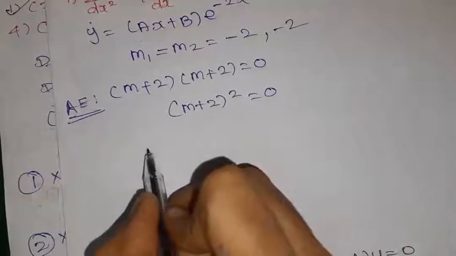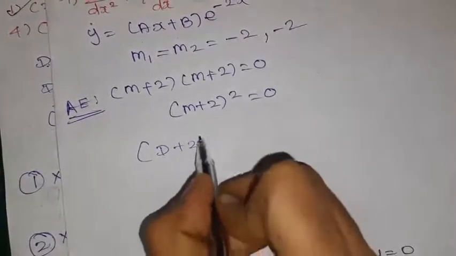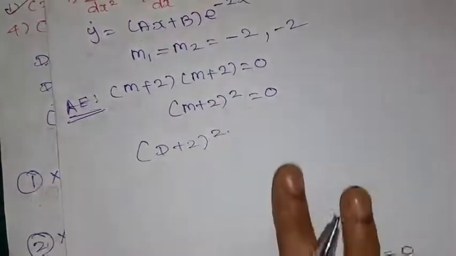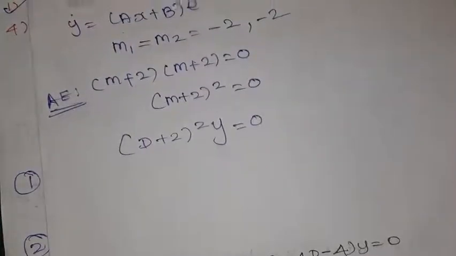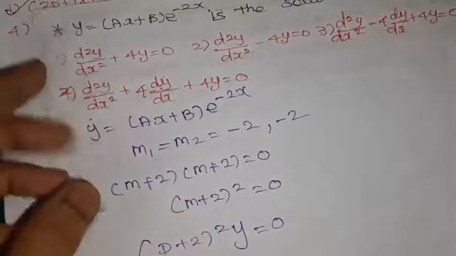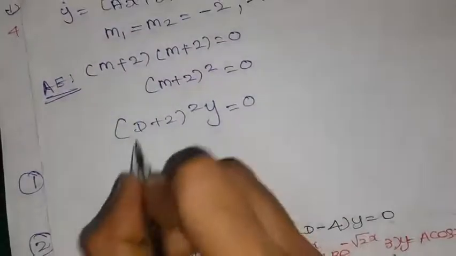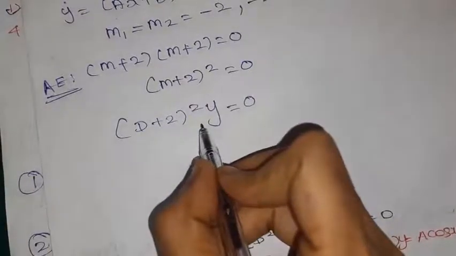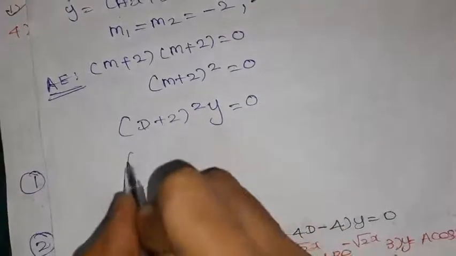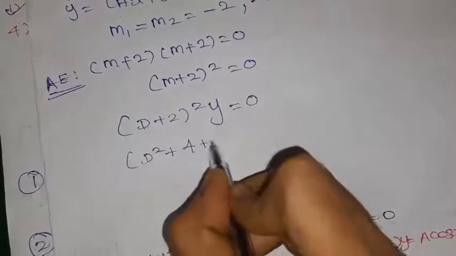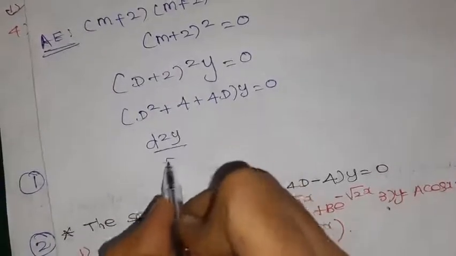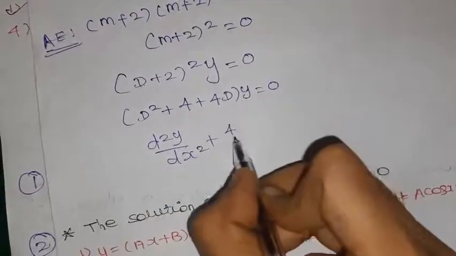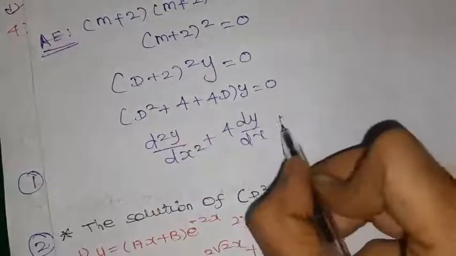The required differential equation is obtained by replacing m by D: (D plus 2) the whole squared into y equal to 0, since y is the solution. Expanding with (a plus b) the whole squared, D squared plus 4D plus 4 into y equal to 0. So d squared y by dx squared plus 4 dy by dx plus 4y equal to 0.